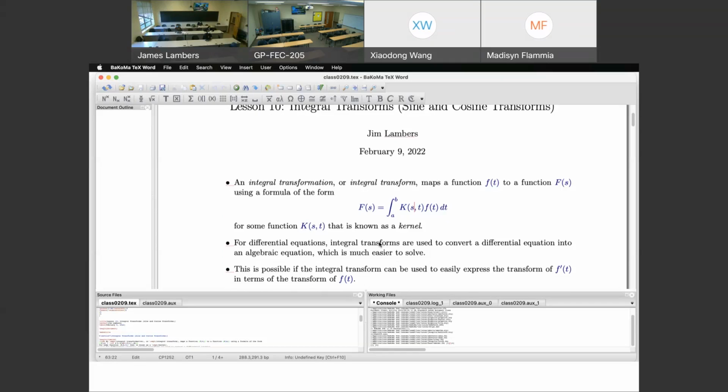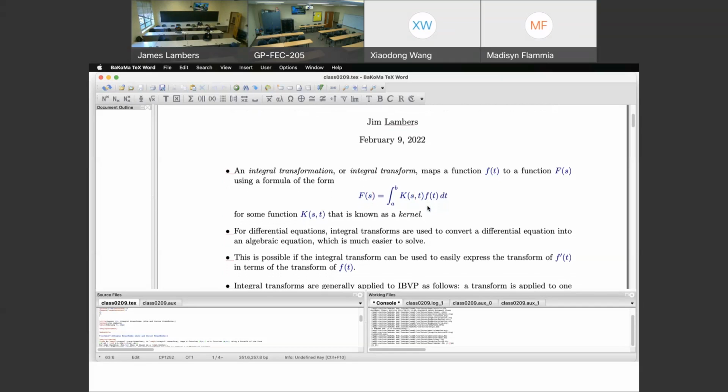Now, what we're going to see here is if we have a PDE in two variables, x and t, you apply a transform to the spatial variable x, and now what you have is an ODE in the remaining variable t. But that ODE depends on a parameter, this variable s that we see here. So really that's the idea. It's just to transform one equation into a simpler one.